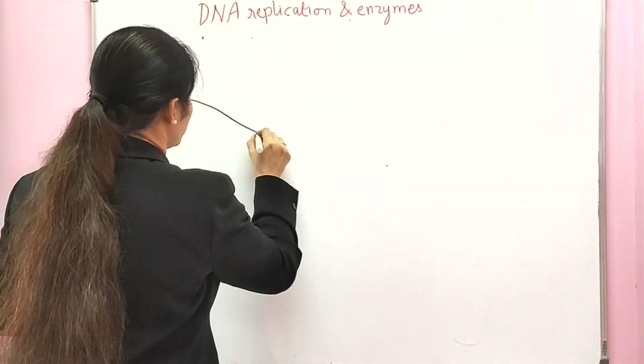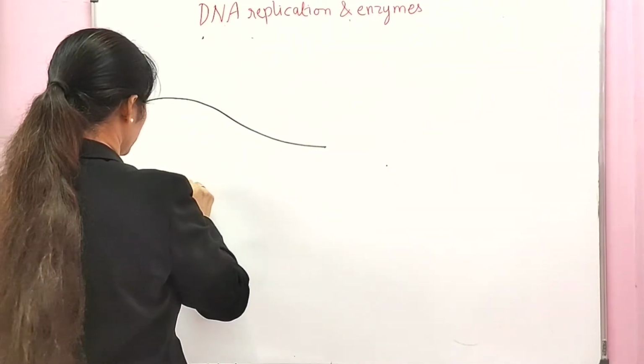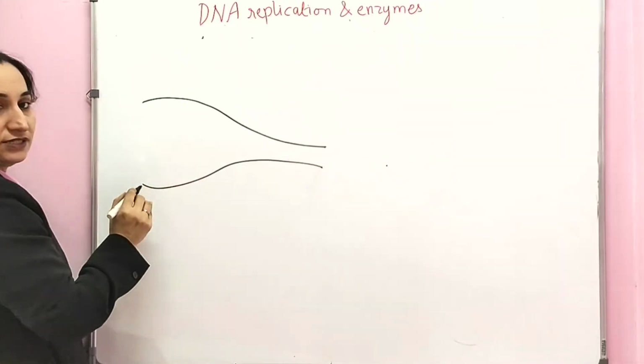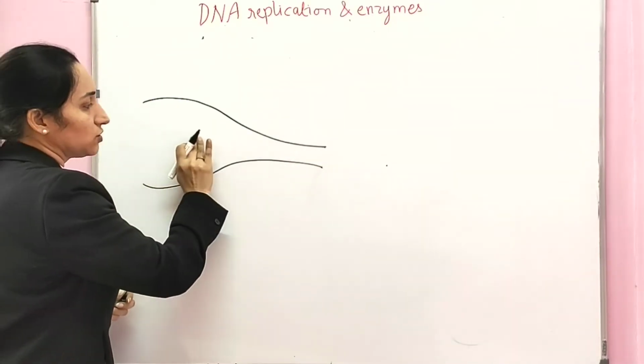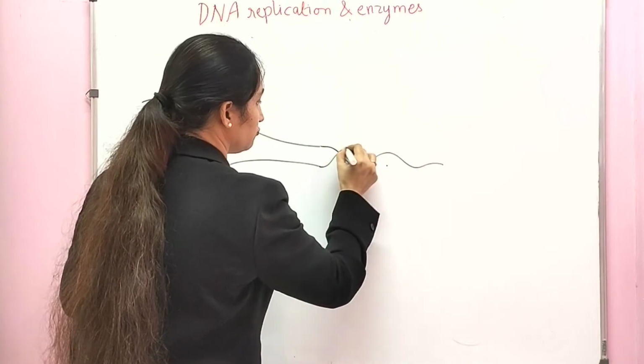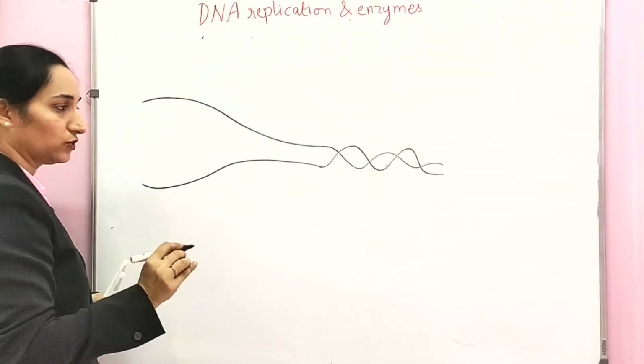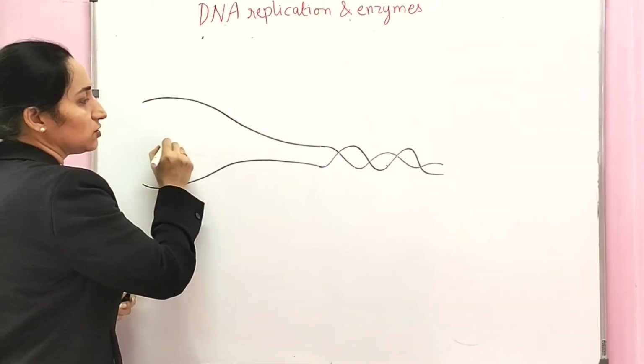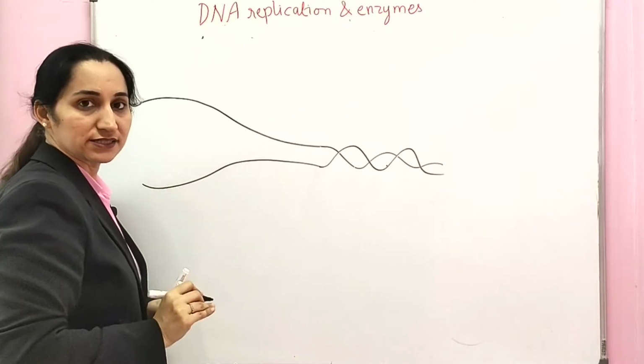Now, who is going to break down this hydrogen bond? Let us form a simple structure. Here we can see the hydrogen bonds are already broken, okay, and then here we will form the structure like this. Now these hydrogen bonds are already broken, but who has done this?